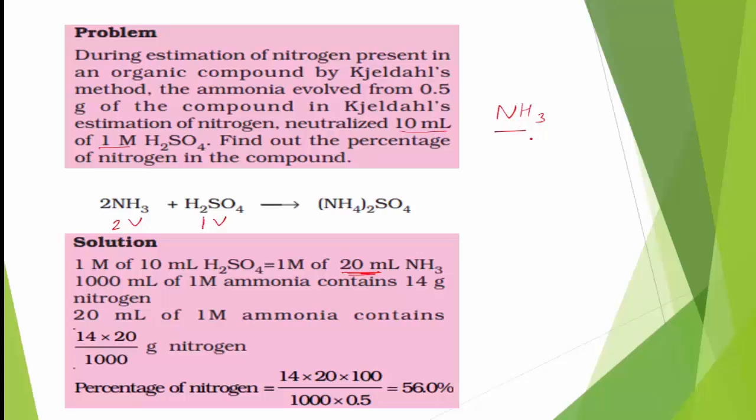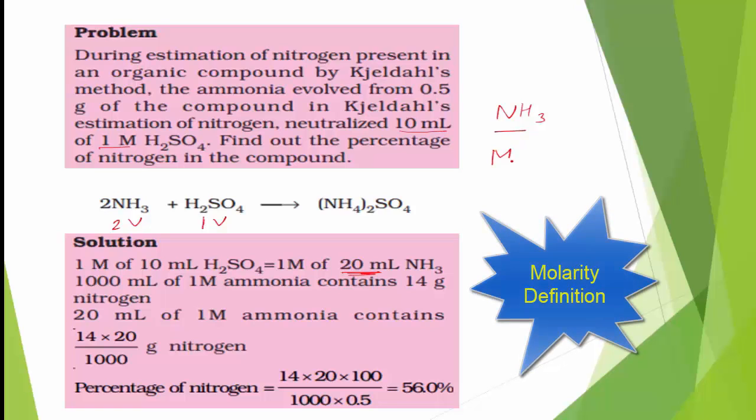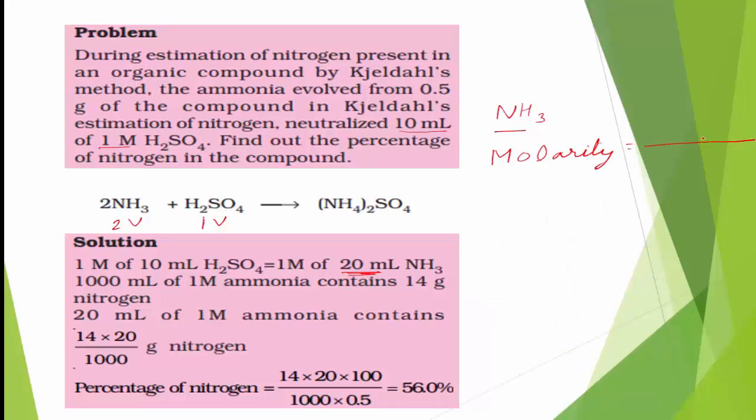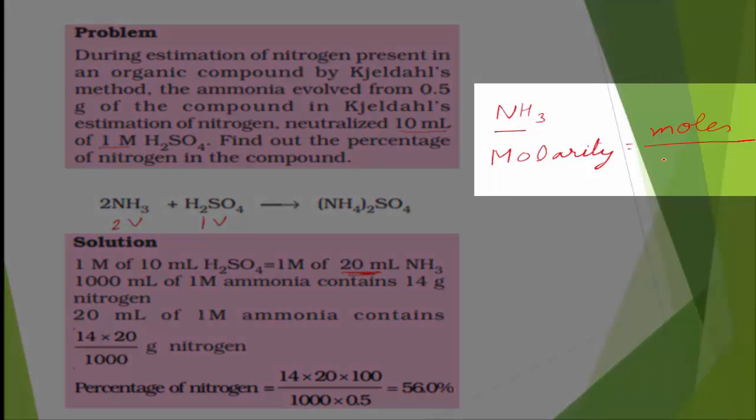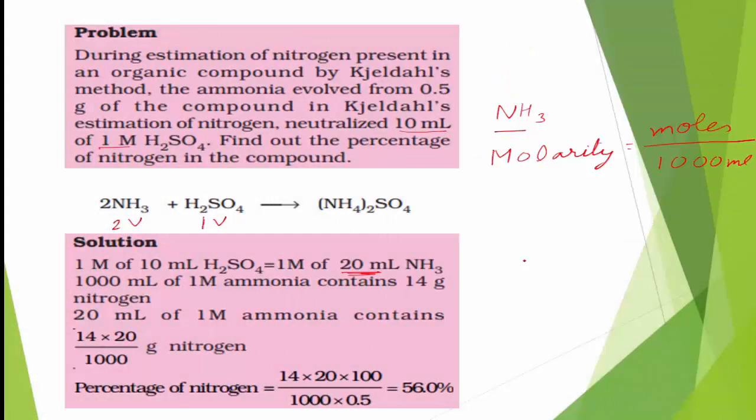In 1m molarity, the definition is number of moles divided by volume in liters, or I can say 1000 ml.